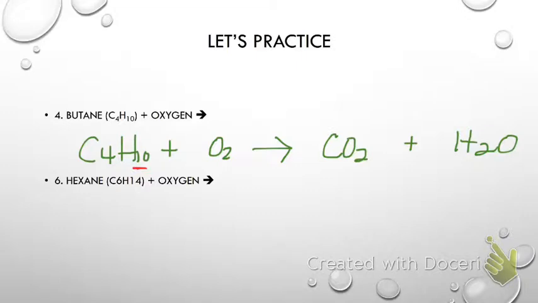What would I have to put in front of water to get that to balance? 5, and that's odd, so that's not going to work for us. So what are we going to do? Bump it up to 2. Now how many do I need to put in front of water? 10. And what do I need to put in front of CO2? 8, because I have 8 carbon.